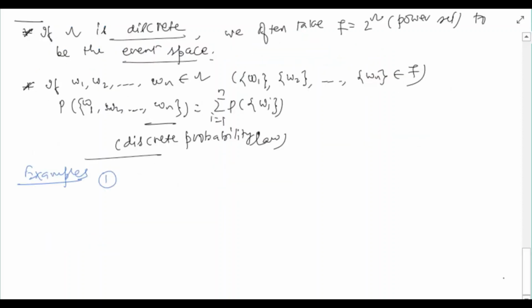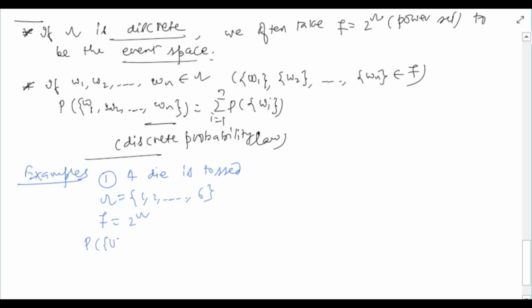First, consider the experiment where a die is tossed. In this case, the sample space will be, as we have already seen, 1 to 6. Event space will be the power set of omega, that is the collection of all subsets of omega.